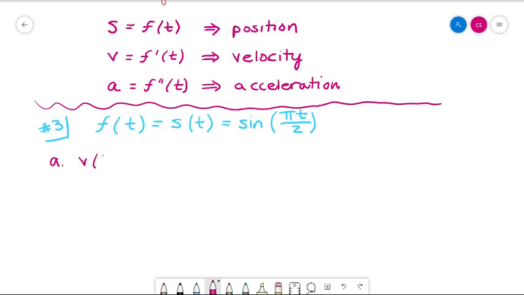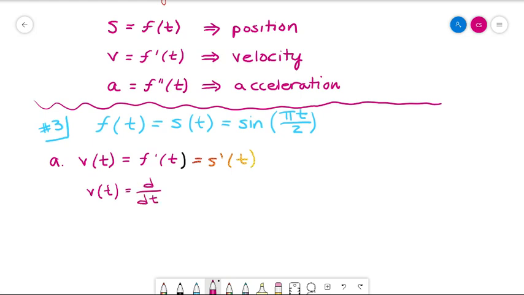So again, velocity function, you can say it's either f prime of t, or you can think of it as s prime of t. Okay, so we have to take the derivative of that sine function.